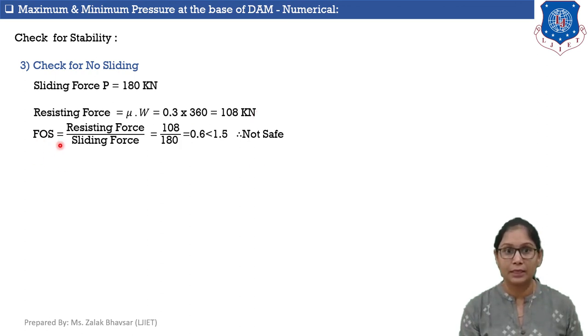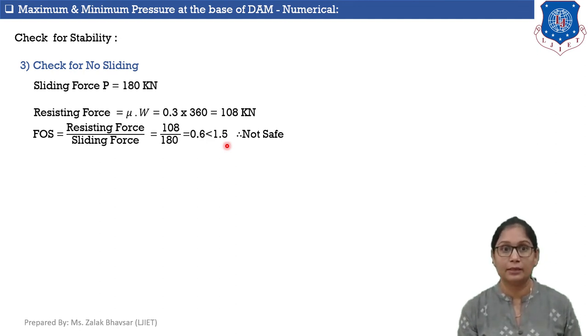Now factor of safety is equal to resisting force upon sliding force. Resisting force is 108 kilonewton and sliding force is 180 kilonewton. So I am getting value equal to 0.6, which is less than 1.5. So we can say that our dam structure is not safe against sliding.